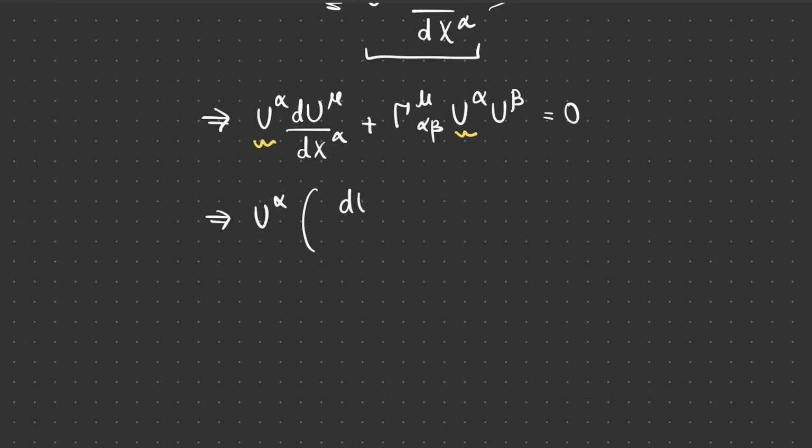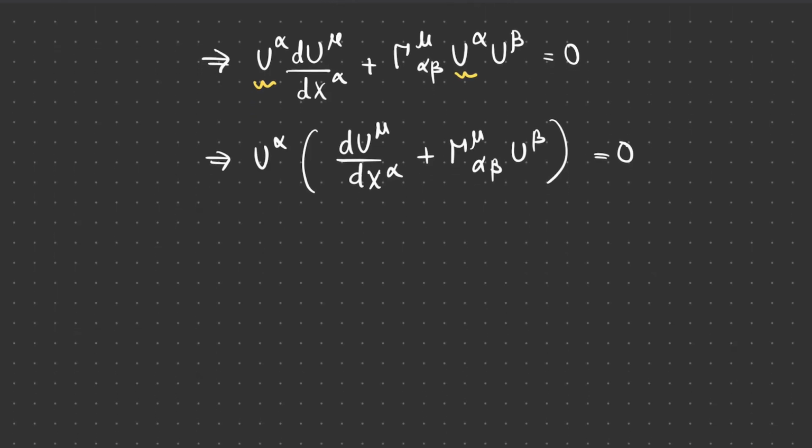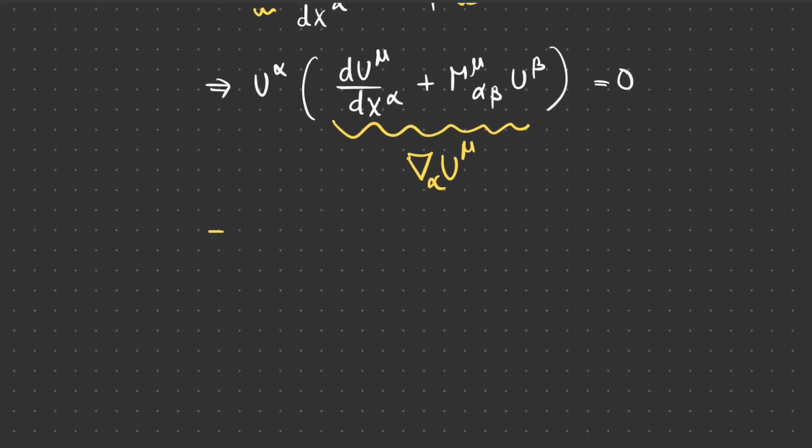So we get the derivative of the four-velocity with respect to space-time position plus gamma times u beta being equal to 0. And we know that this term is nothing but the covariant derivative of the four-velocity u mu along the alpha direction, and hence we get the form of the geodesic equation as this.